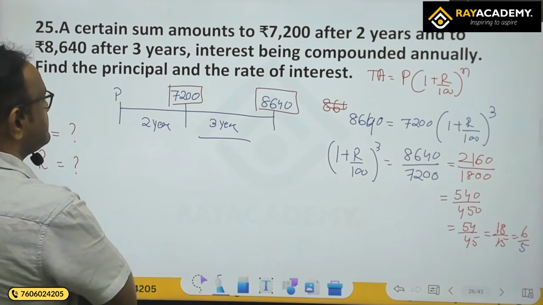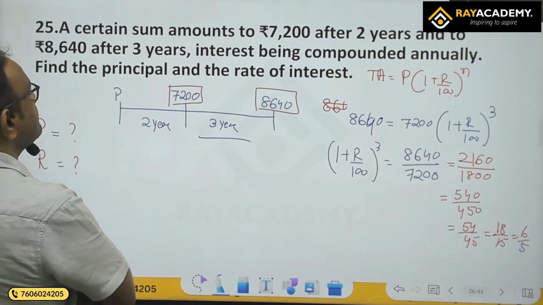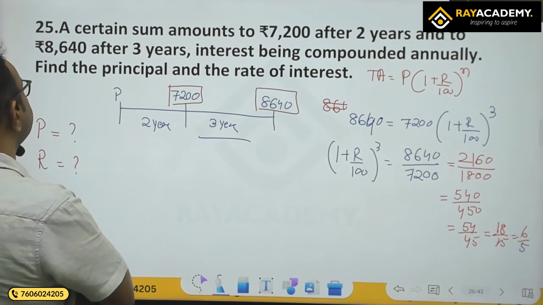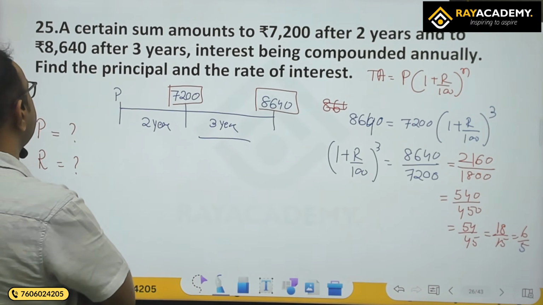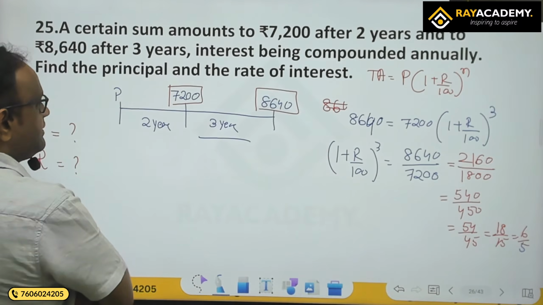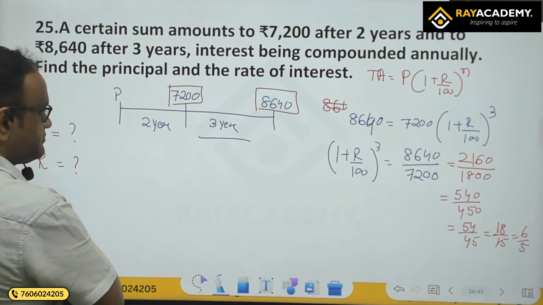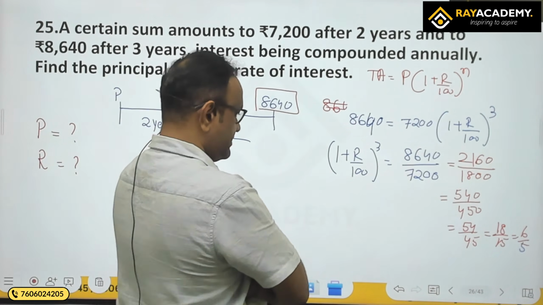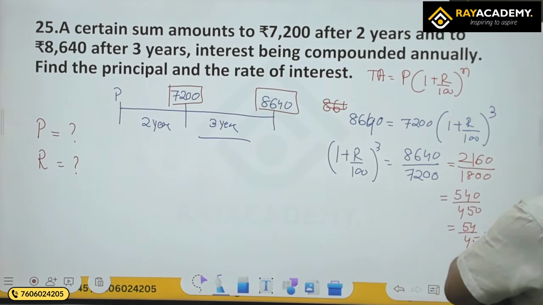A certain sum amounts to 7,200 after 2 years and to 8640 after 3 years, interest being compounded annually. Find the principal and the rate of interest. Okay, but we are not getting a good number.